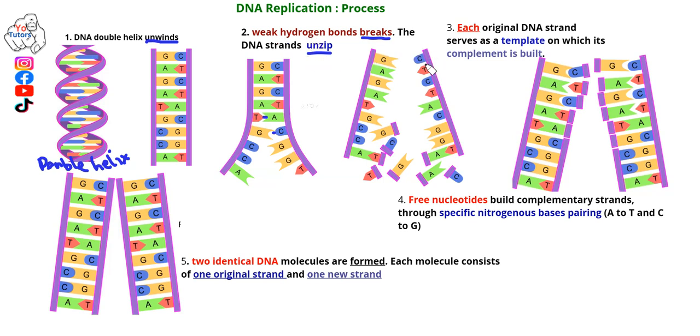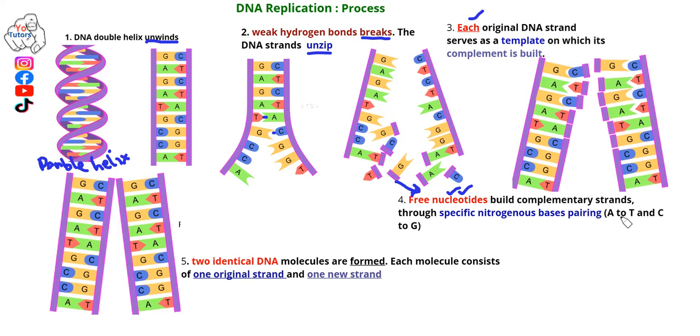That's your second step. Then the third step, each strand acts as a template to build the complementary strand. Then the fourth point, in building the complementary strand, we are using free nucleotides, which build the complementary strand through specific base pairing.